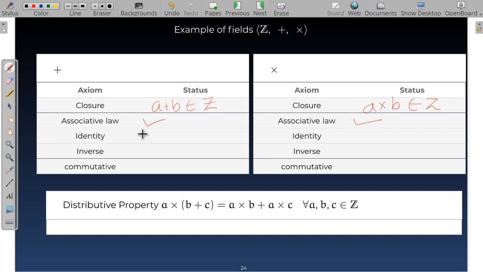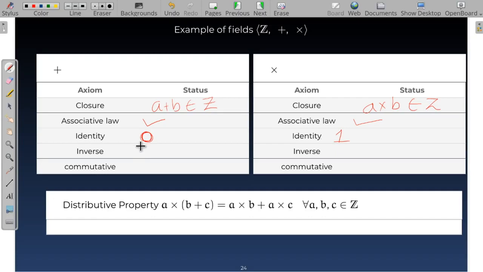Now for the identity element, we already have 0 here. So the identity element with respect to addition is 0, and the identity element with respect to multiplication is 1, and 0 is not part of this multiplicative group, because this multiplicative group is the non-zero elements of this set F. Now this is also going to need an inverse.